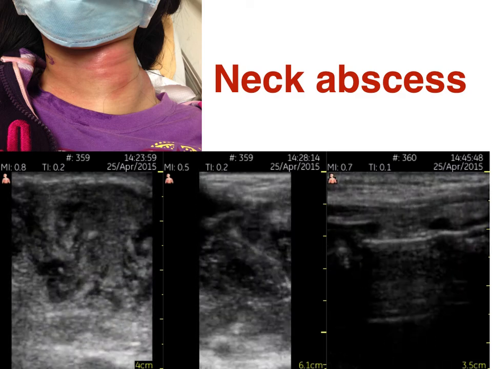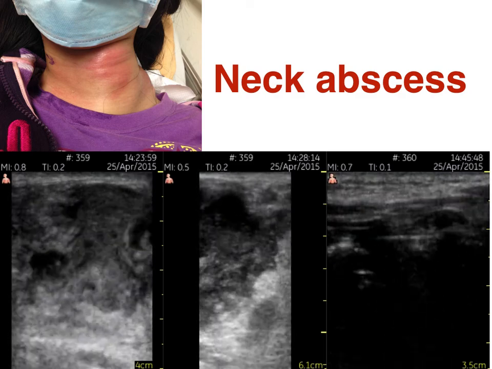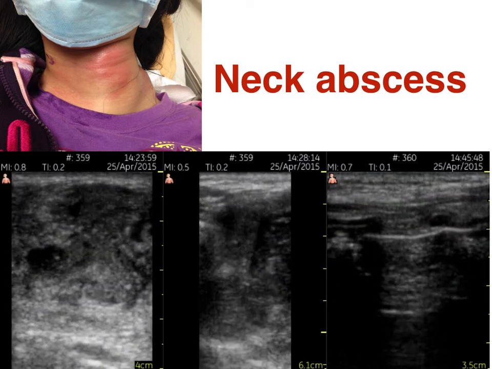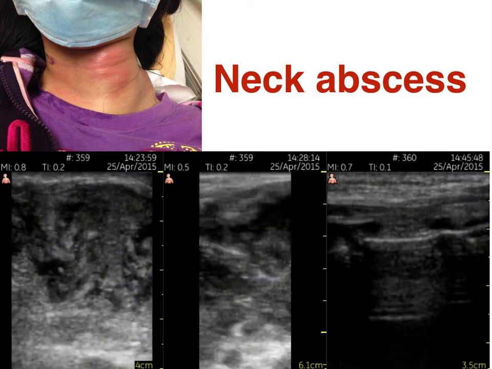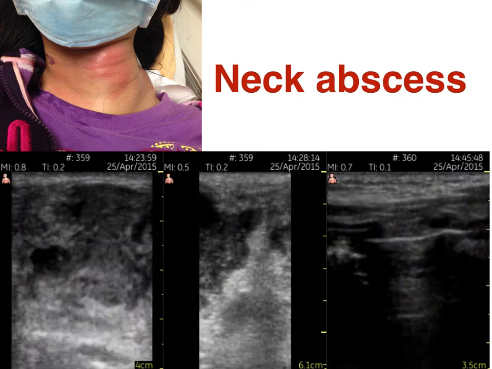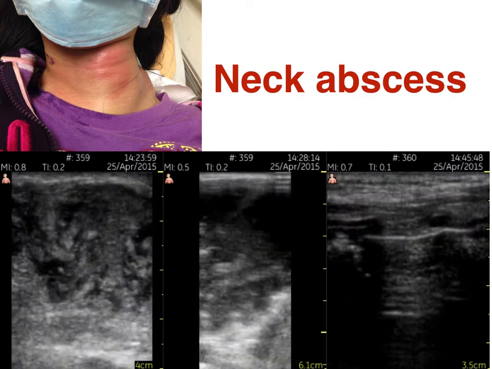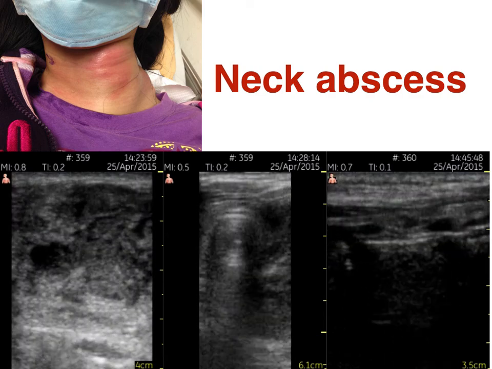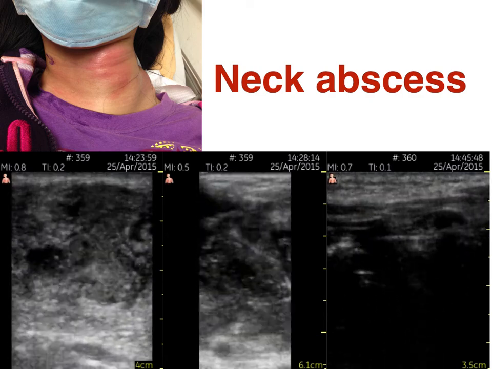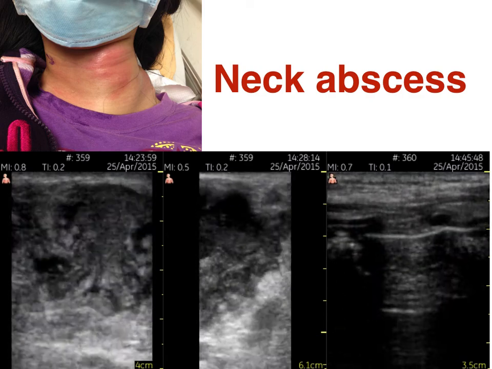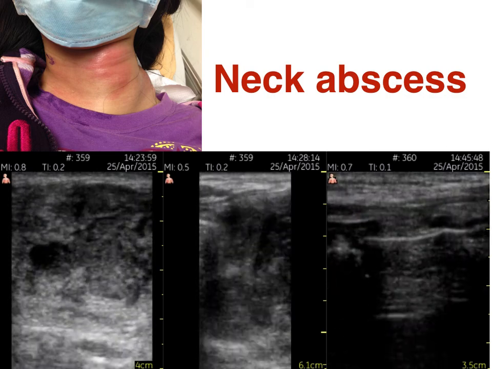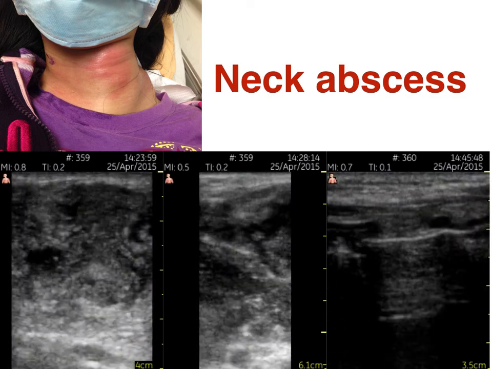In this case, maybe a tracheotomy, right? But because this patient has no obviously impending airway problem or respiratory failure, I will leave this management to the OR for the surgeons to do the drainage and to manage the airway.